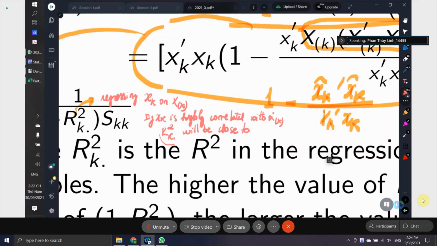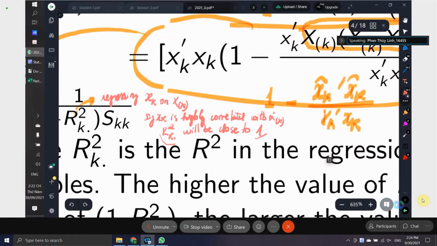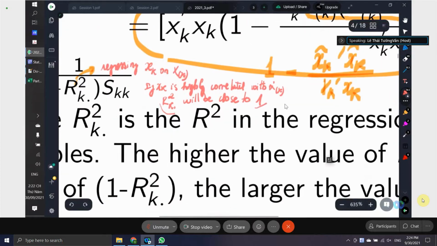So what do you think this r square will be close to? I think it's 1. Why is that 1? Because if they are highly correlated, then all of the variation in xk could be explained by the matrix X-k here, right?